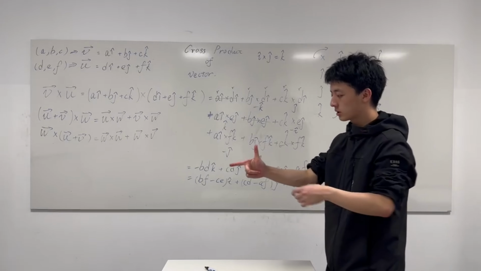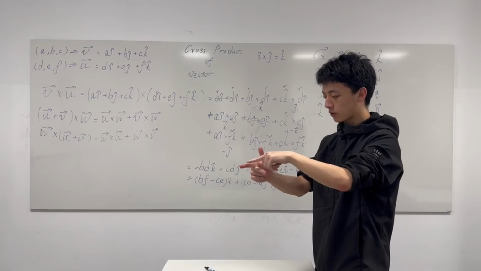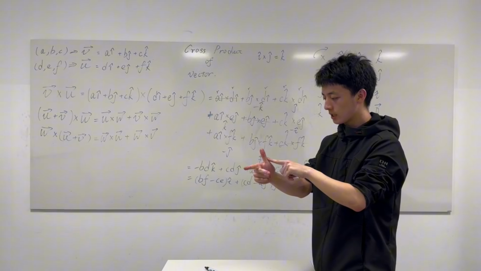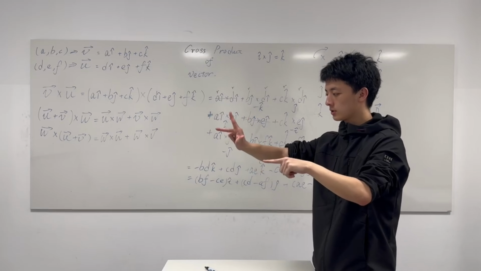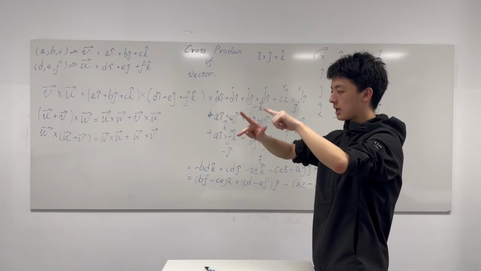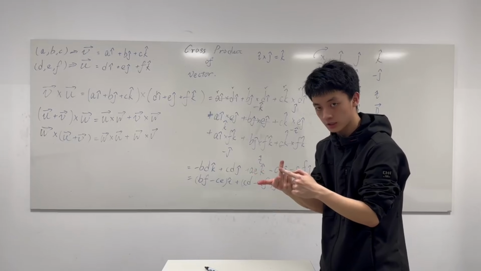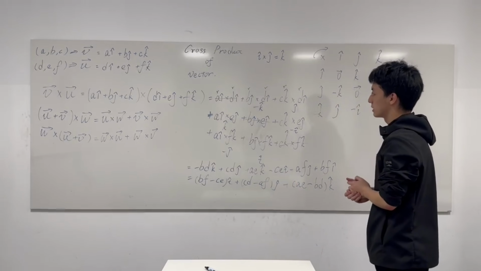So remember, I, J, K: I cross product J is K, J cross product K will be I, and K cross product I will be J. So that's the first way.